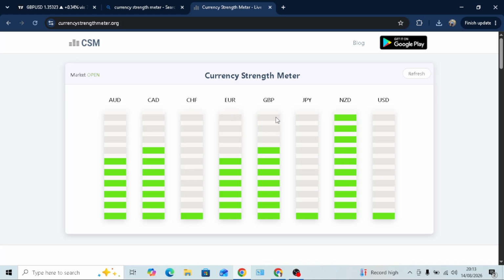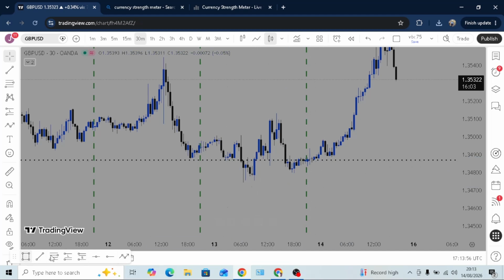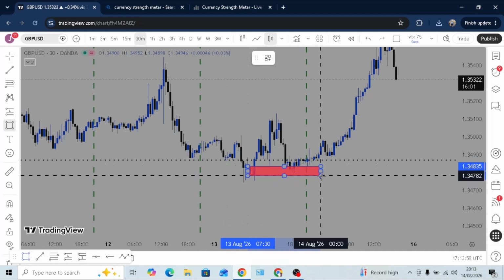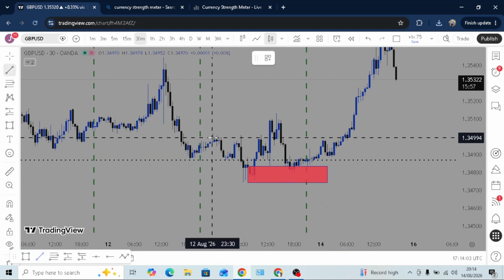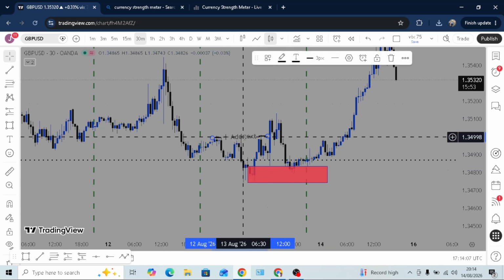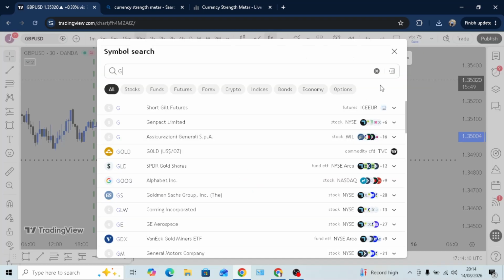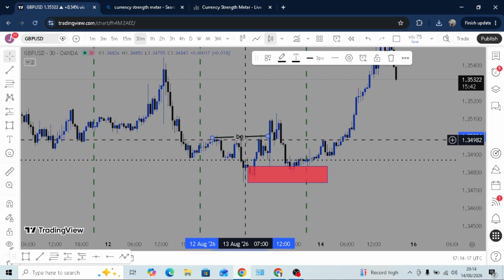It showed you that the pound is stronger than the US dollar. So now all you needed to do was identify your key levels, which in this particular area, the key level was right here, clean. We had that breakout structure right here, a BOS right there. Let me add that BOS. Just a moment. So all you now needed to do was take your buy positions.